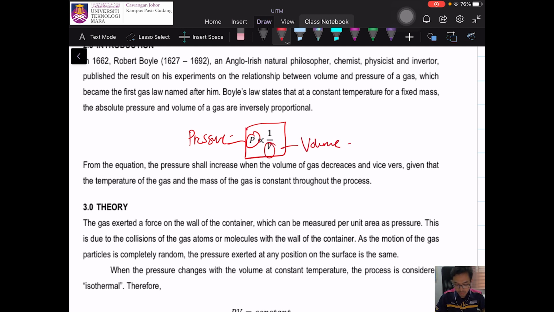Besides that, it can be said in two forms of statement. First, pressure is inversely proportional to the volume.